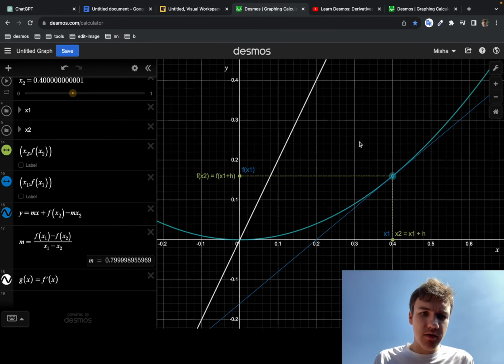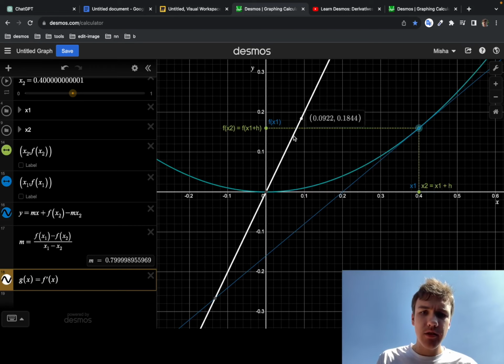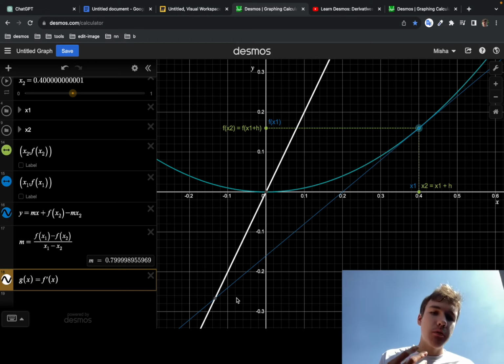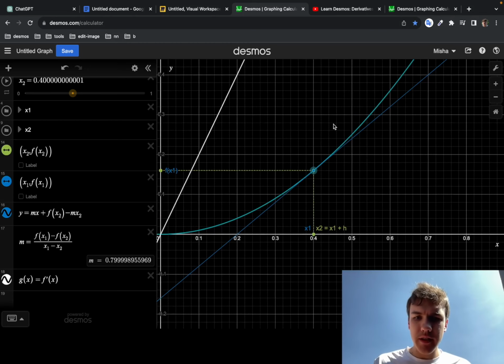And you might ask, why is this the derivative? Because the derivative is the instantaneous slope of change at the given point, and this is the derivative for every point on the parabolic function. We just draw how it will look like. To make a simple example, right now we have 0.7999, which is just 0.8.